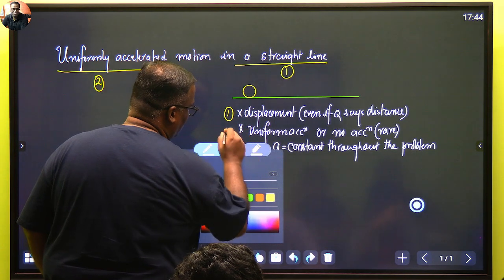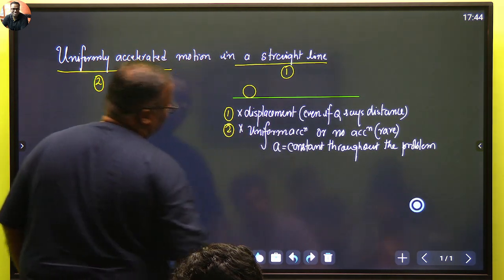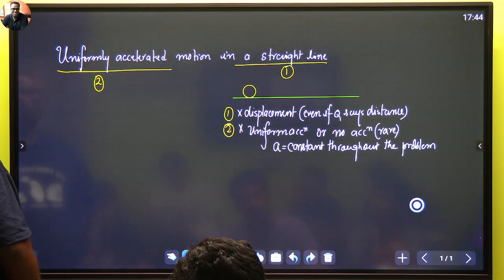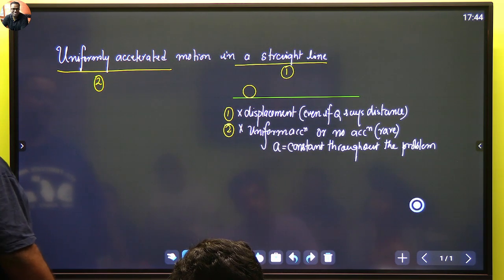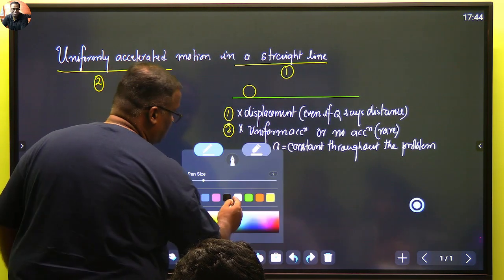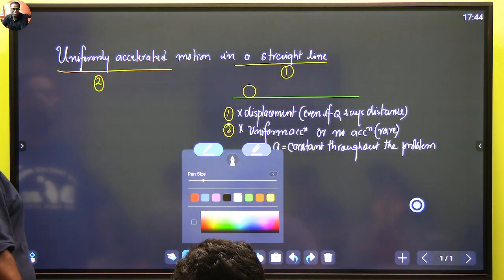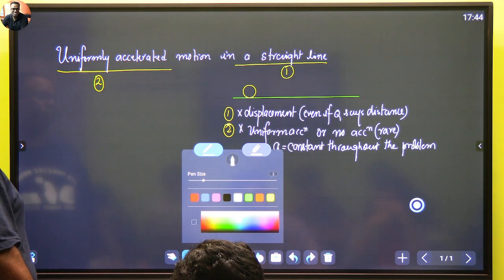So this is our number 2. These are very important things that I'm writing even for your grade 11. In grade 11, when a question comes, where to apply these equations and where not to apply them, you will know from here. So uniform acceleration or no acceleration, and acceleration will be constant throughout the system.